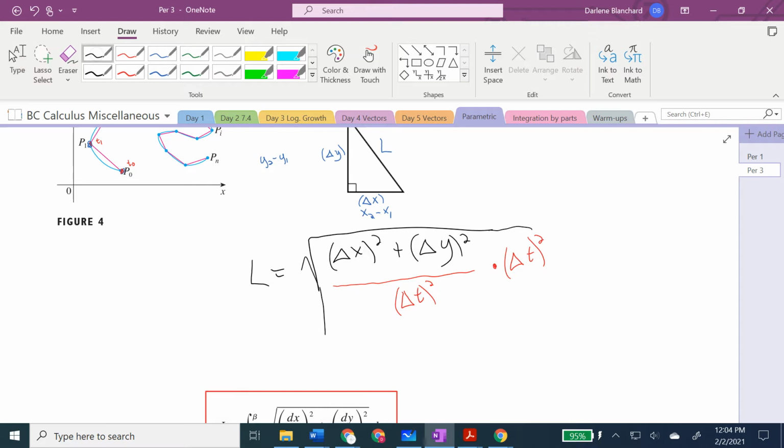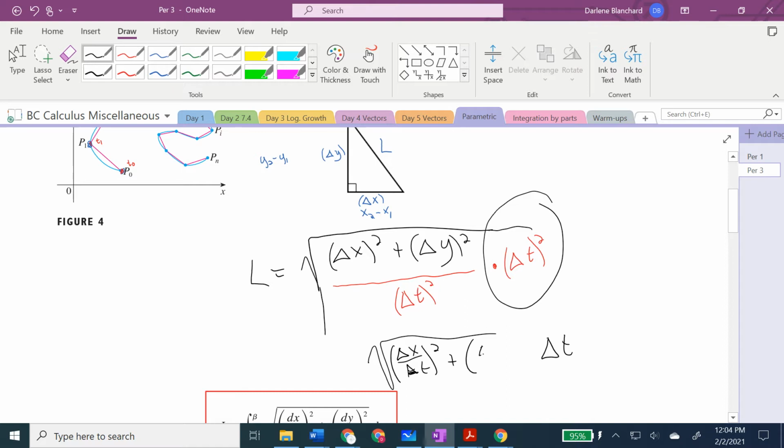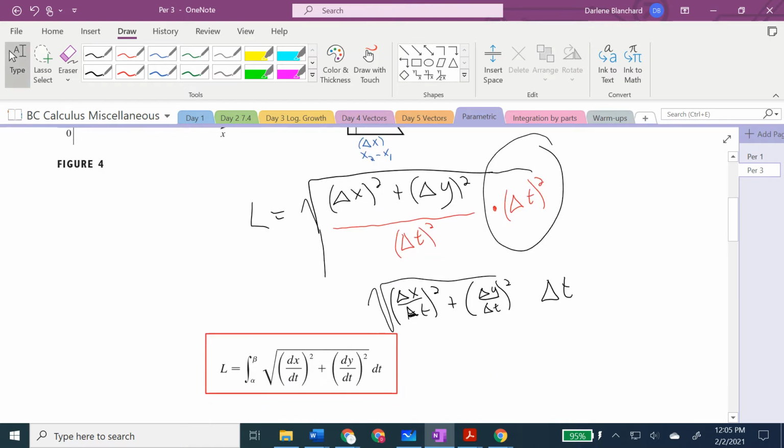Then when I take a look at what that actually is, I split the multiplication under the square root, and I get just a change in t out. And then I have change in x over change in t squared plus change in y over change in t squared. Ding!